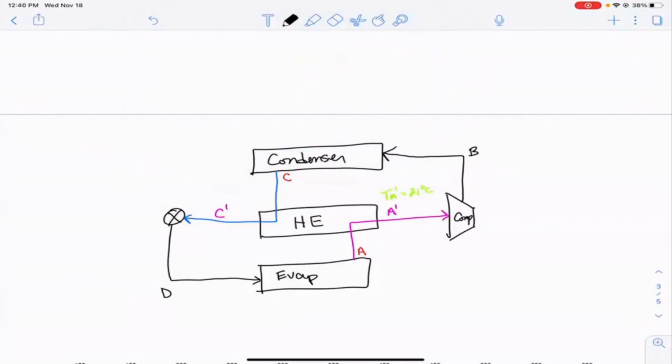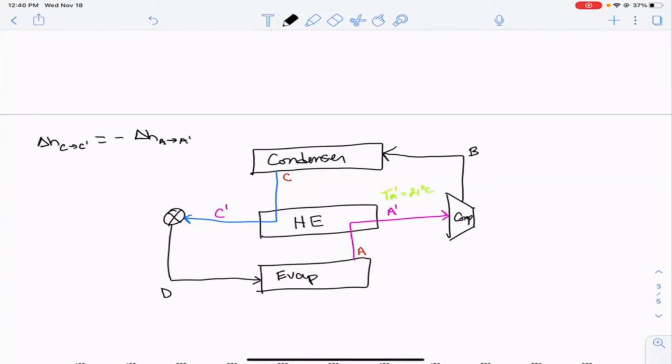We also know in this process that delta H for our condenser is equal to minus delta H, or maybe minus delta H of C to C prime in the heat exchanger is equal to minus delta H from A to A prime.